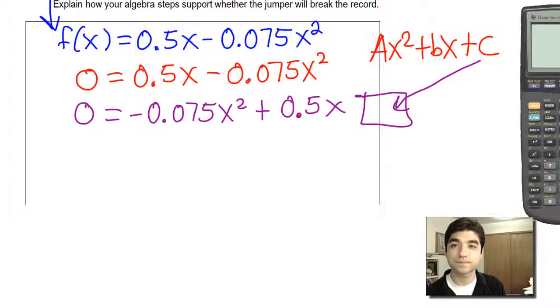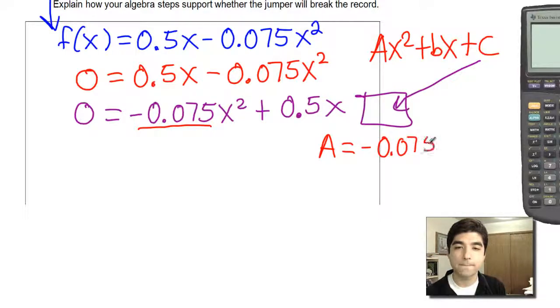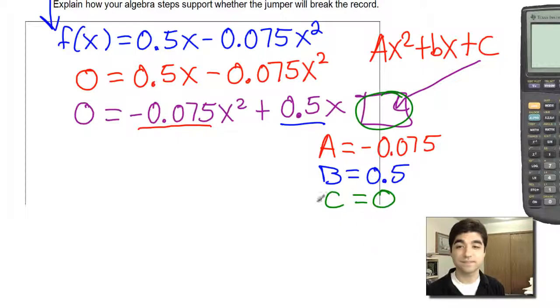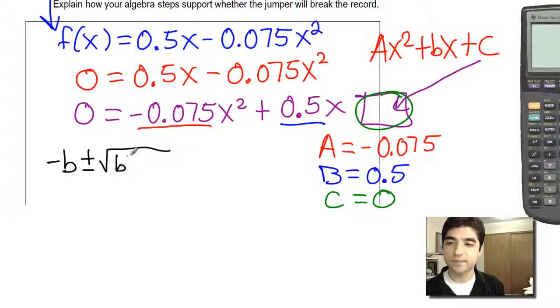So a equals this number. And then b equals this number. And then our c equals 0, because there is none. Okay, so we have all of our numbers. Now we can put them into the formula. So we got negative b plus or minus square root of b squared minus 4ac divided by 2a.